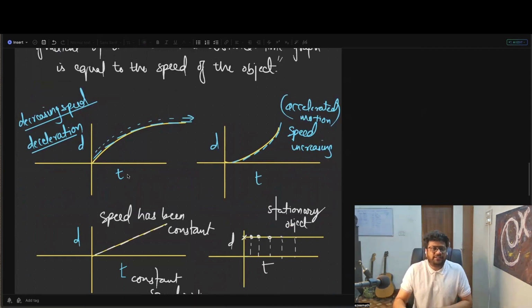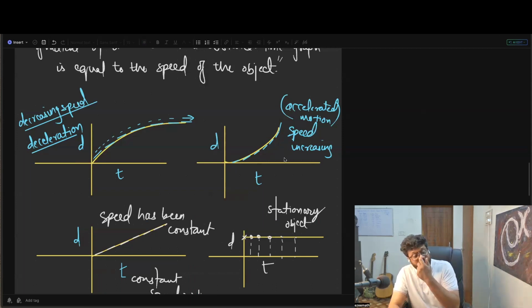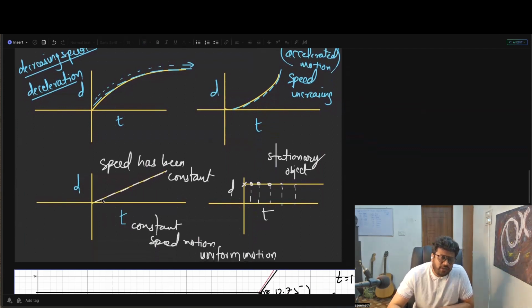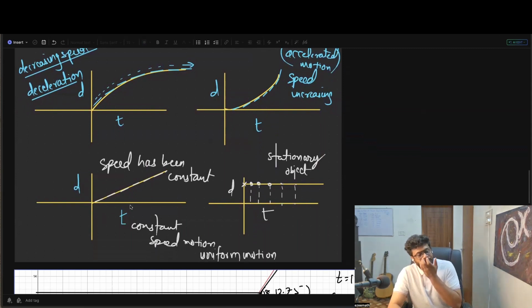If the curve goes down on a distance-time curve, it's a decelerated motion. If the curve slopes upwards, it's speed increasing. If it's a constant gradient, meaning a straight line like that, it's a constant speed motion. And this one is a stationary object because the distance has not changed with time.